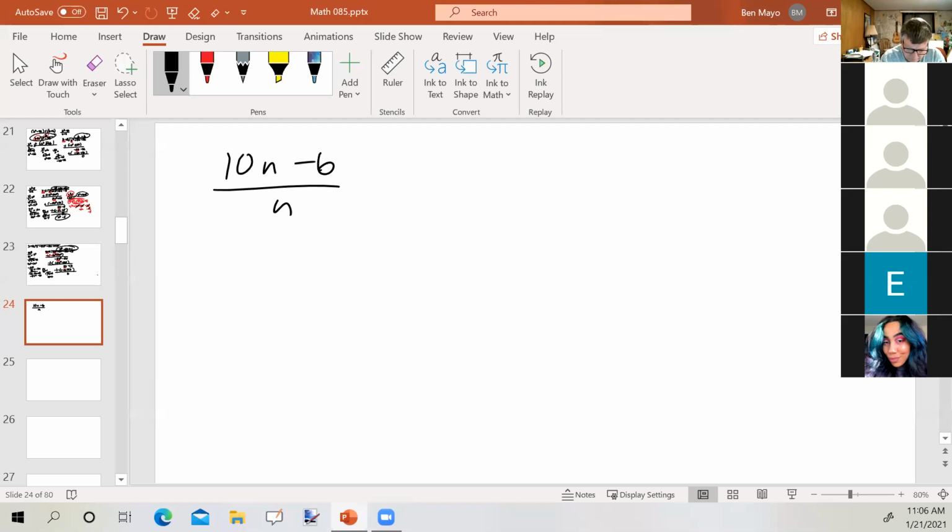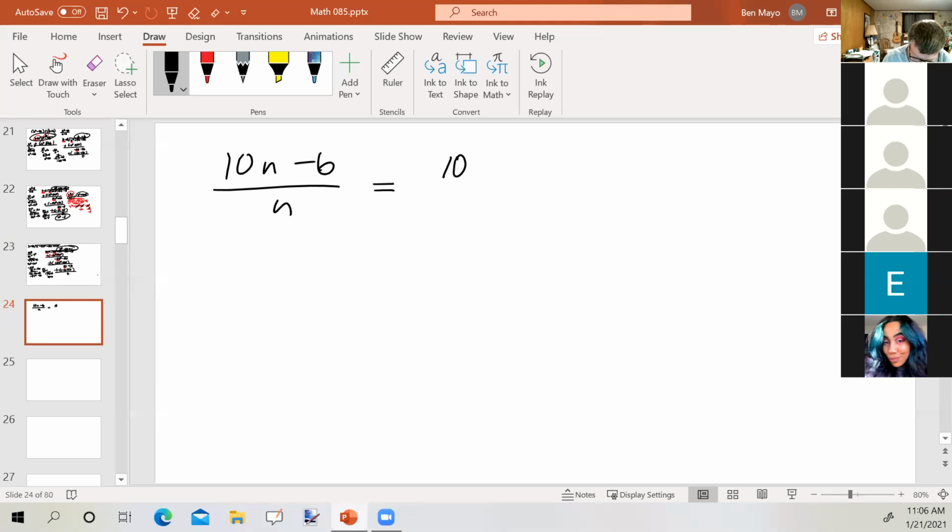Wouldn't we divide n from both 10n and 6? So what should I write next? You have to write n divided by 10n minus 6. Say that again. Oh, tell me what to write.